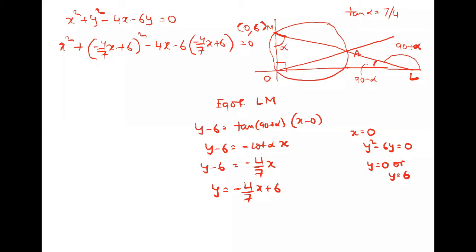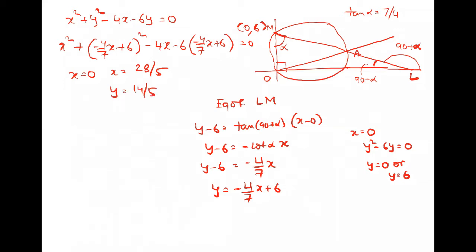When you solve this, you get x equal to 0 and x equal to 28 by 5. Okay, these are the values. I'm not going to complete it. So when x equal to 28 by 5, y is equal to 14 by 5.